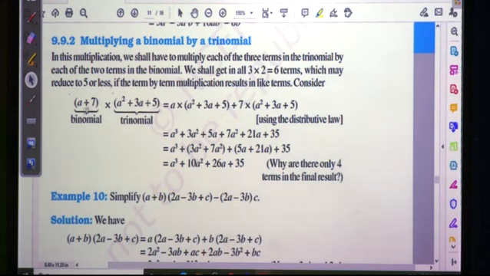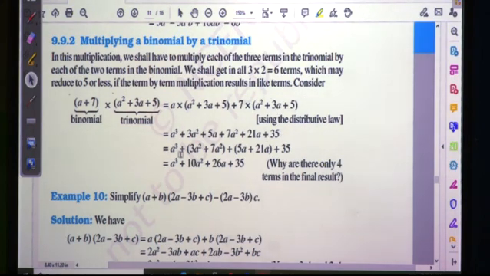In the multiplication, a we are multiplying to the second bracket, plus 7 we are again multiplying to the second bracket. a into a square, a cube, plus, as it is because a is also plus and 3a is also plus. So, 3a into a, 3a square, plus 5a, plus 7a square, plus 21a, plus 35.